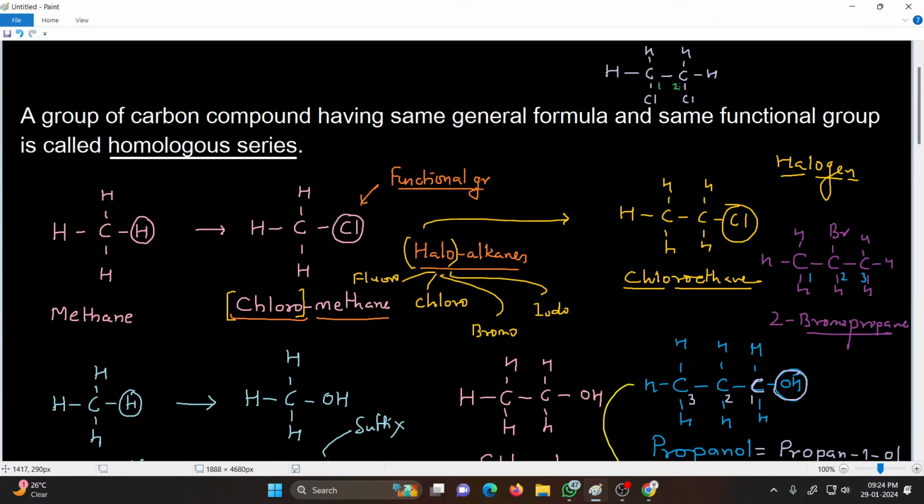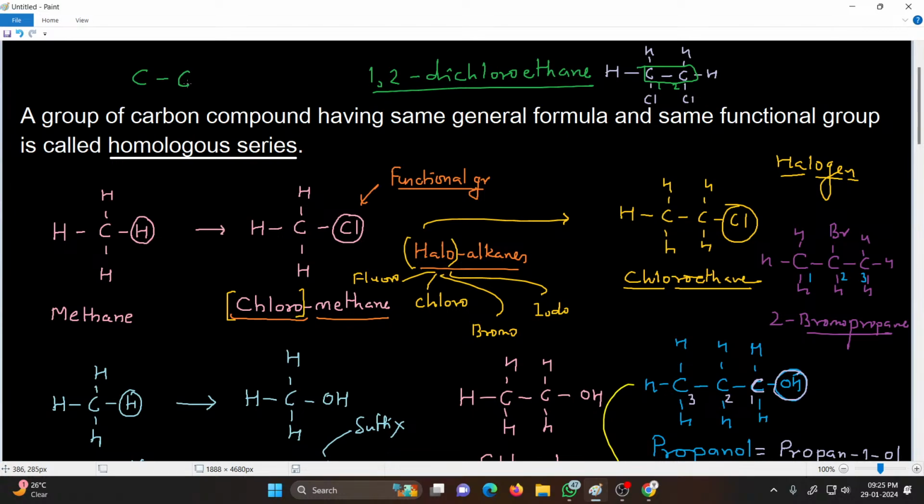So 1 and 2. So we will write it as 1,2-dichloro, and number of carbon atoms in the main carbon chain 2. So ethane. So we will name this compound as 1,2-dichloroethane. So in the halogen functional group, there can be multiple halogen atoms and we have to write them.